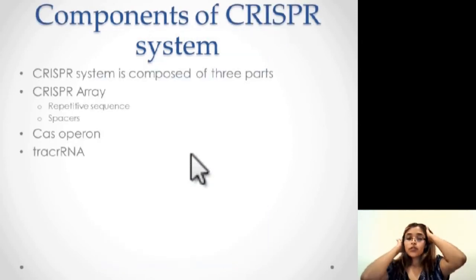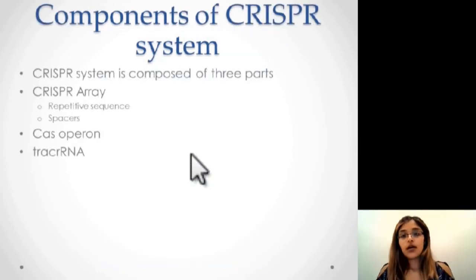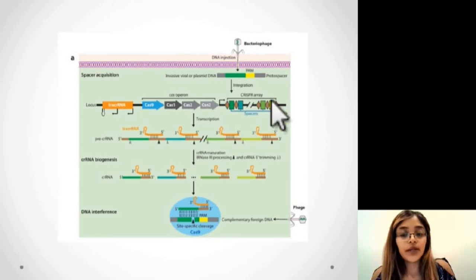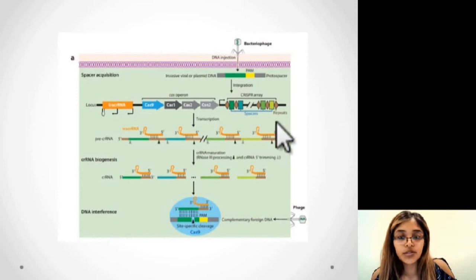So the components of a CRISPR system, it has three main parts: the CRISPR array, the Cas operon, and the tracrRNA. So the CRISPR array, which is right here, is composed of two things: the spacers and then the repeats.